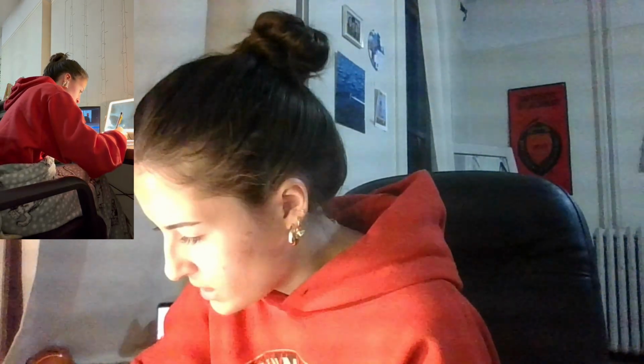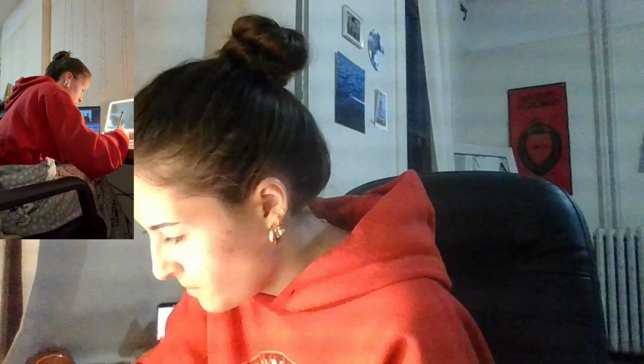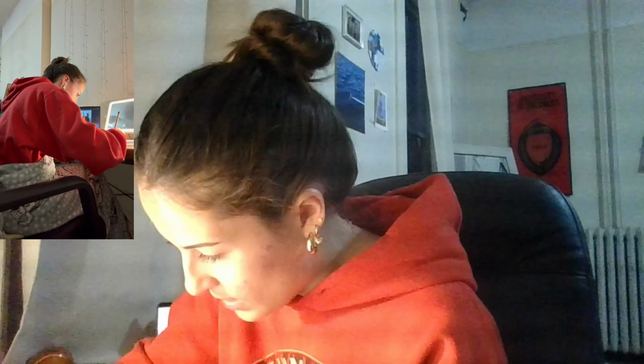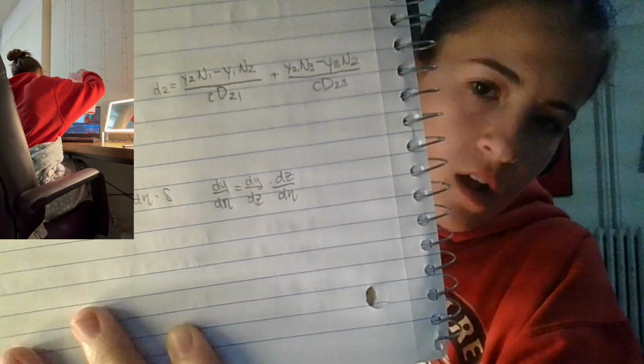So we have that dy over dz is going to be equal to our dy, the scaling factor, that little curly n, is equal to dy over dz times dz over d curly n. So this is just another relationship that we've formed, which will be important for plugging back into our driving force equations from the Stefan-Maxwell equation.